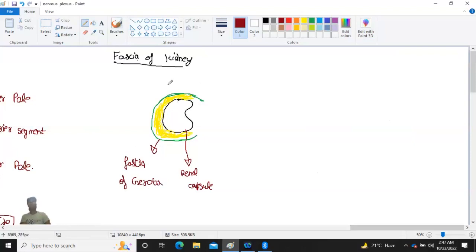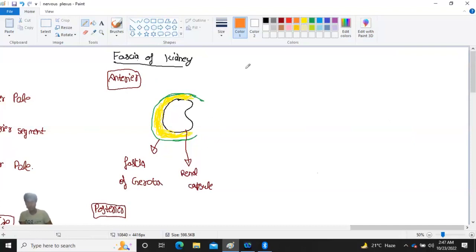This fascia of Gerota has one anterior layer, this is the anterior side, and this posterior. So it has anterior layer and posterior layer with different names.